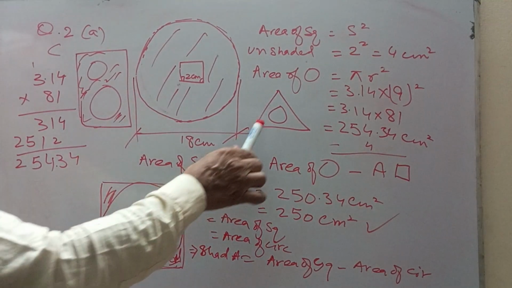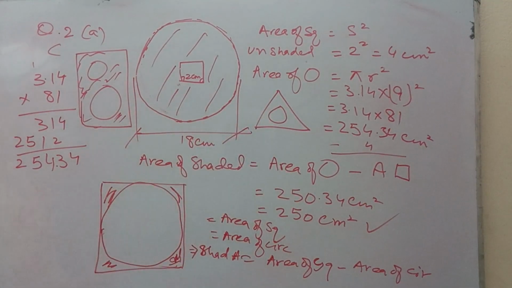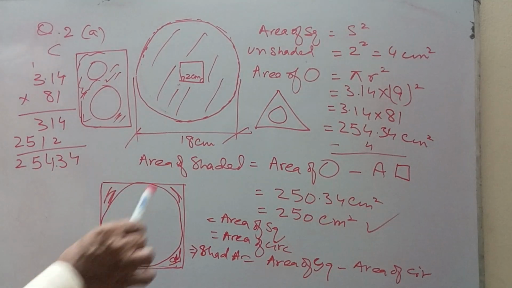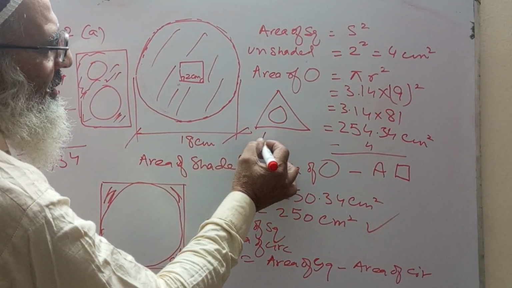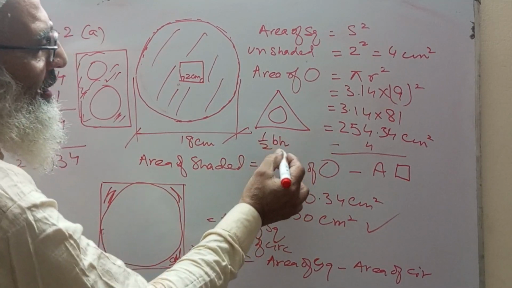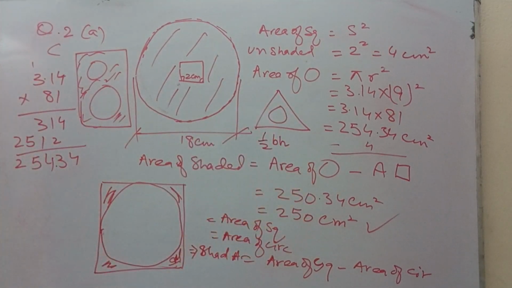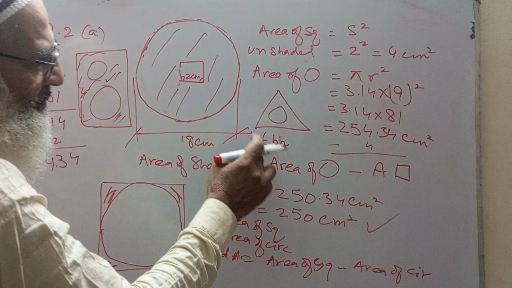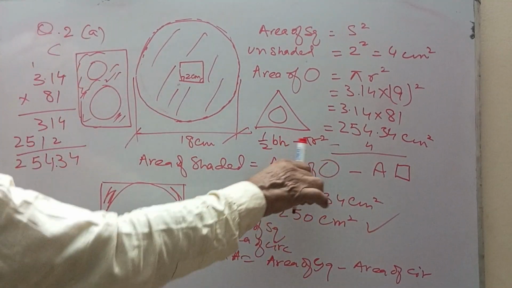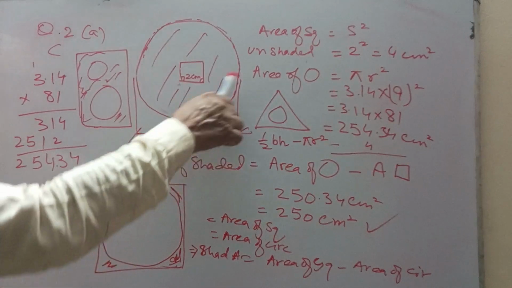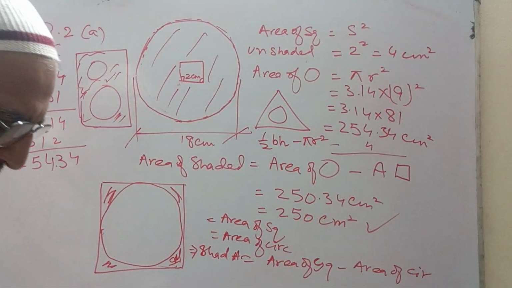So just subtract this hole from this triangle. The area of triangle is half base into height, and you know the area of circle. Just minus the area of the circle, pi r square, from this, and you will get the shaded portion.